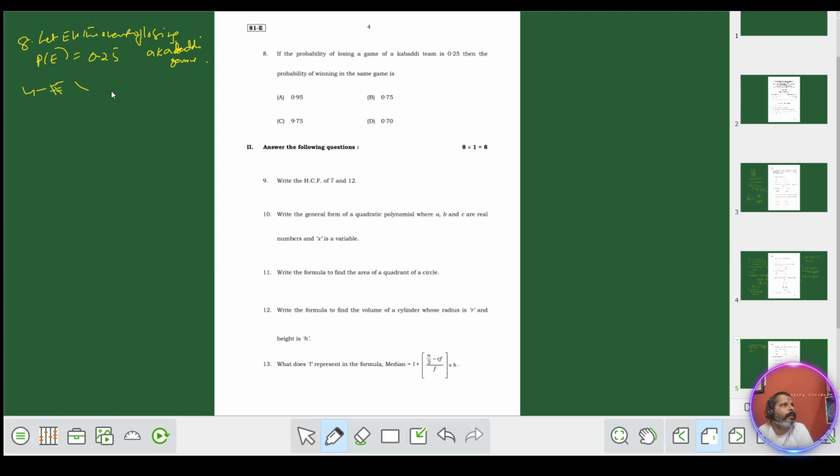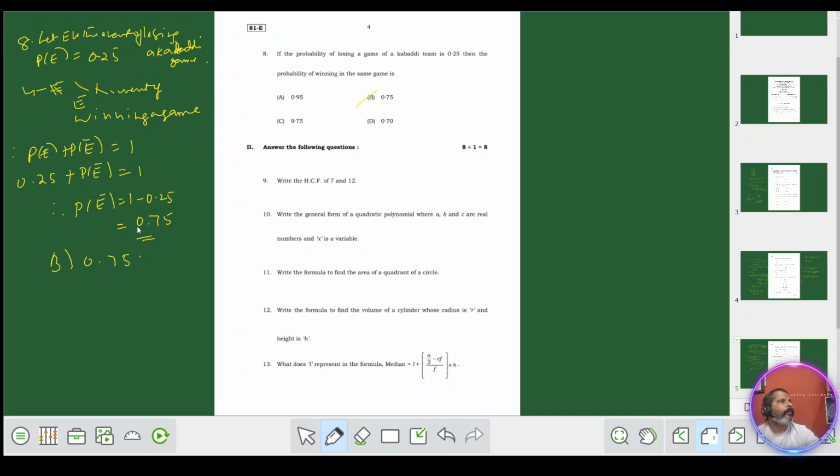Therefore, P of E plus P of E bar is equal to 1. P of E is 0.25. P of E bar we don't know. Therefore, P of E bar is 1 minus 0.25. Subtract properly here, otherwise you lose the marks. So 0.75, B is the answer.